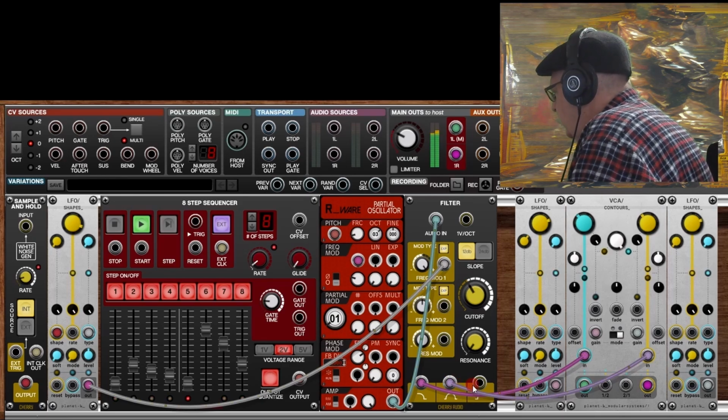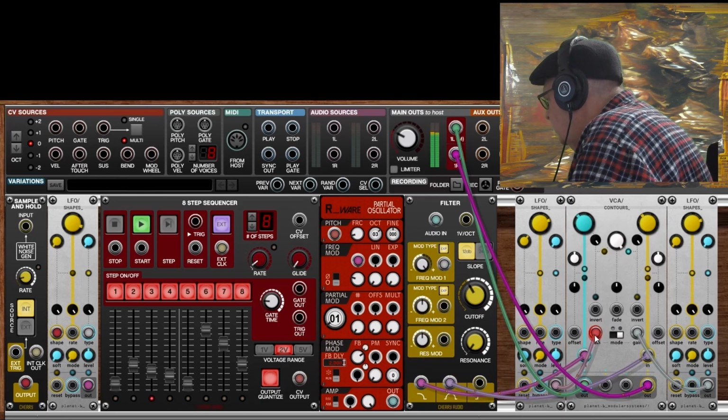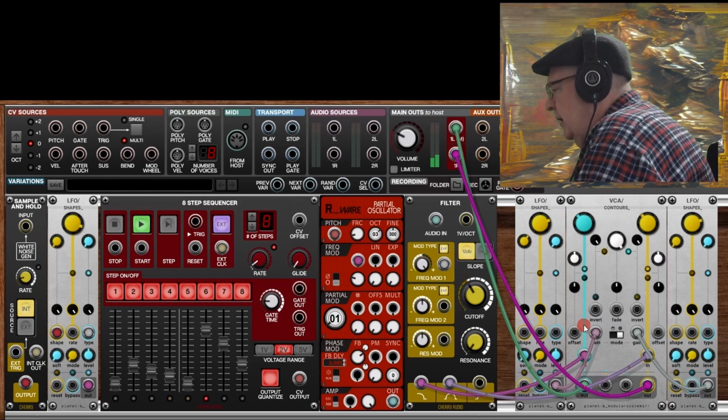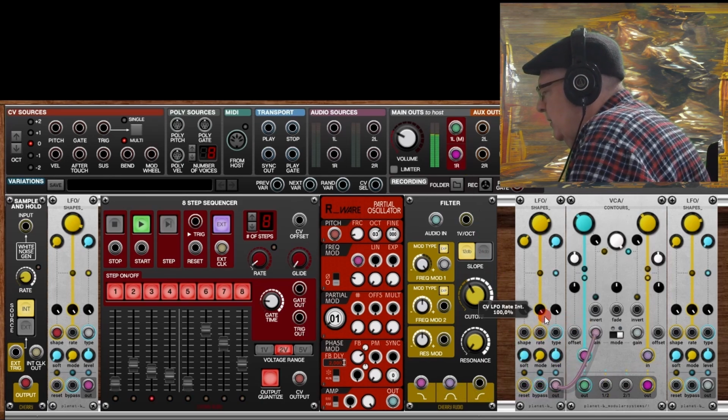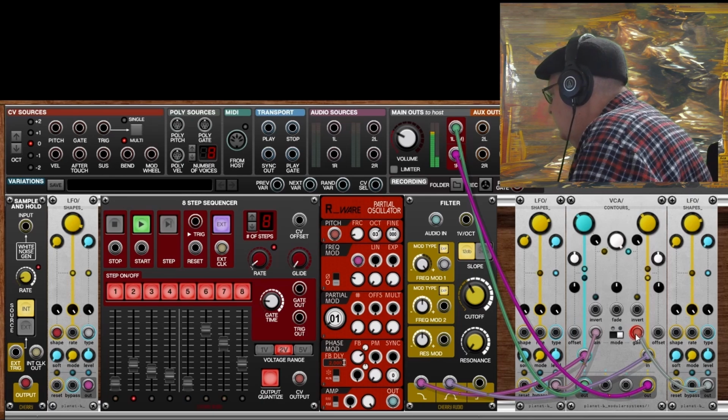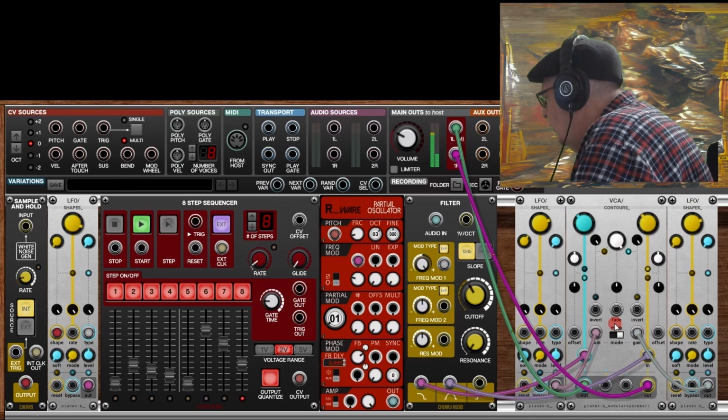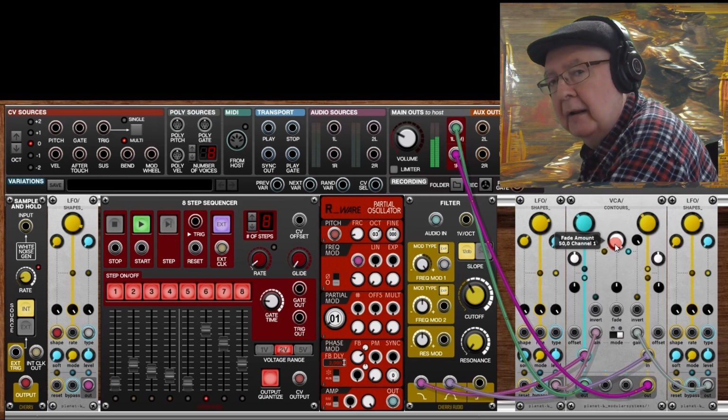Both gains are CV modulated, you see here and here, but whereas the left gain, this one here, is modulated only by the left LFO, by this one here, the right gain is modulated by both, because the fade knob is turned completely to the right.